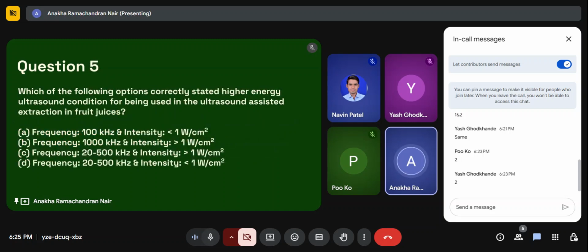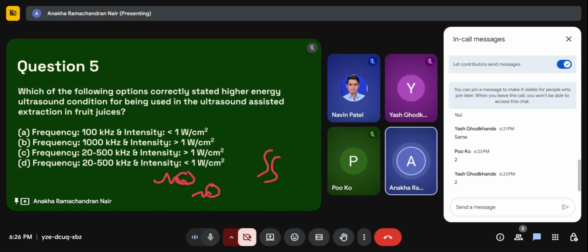Question number 5 is: which of the following options correctly states the high energy ultrasound condition for being used in ultrasound assisted extraction in fruit juices? When you have ultrasound, it can break open the cell wall of the fruit, and in that way it will release its content, and that will be the juice.